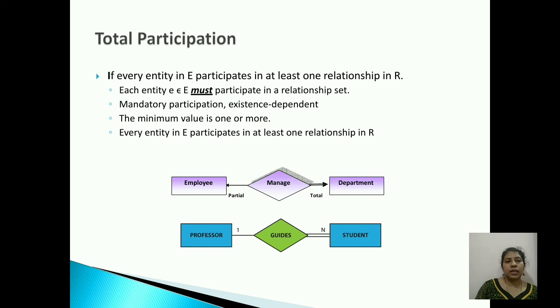For total participation you have to show double lines, and for partial a single line. This is the representation convention we use in the ER diagram. This is the topic which comes under constraints.